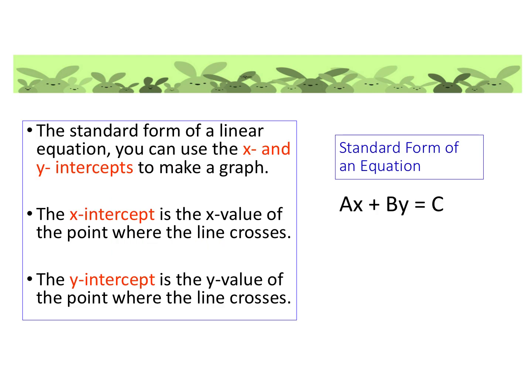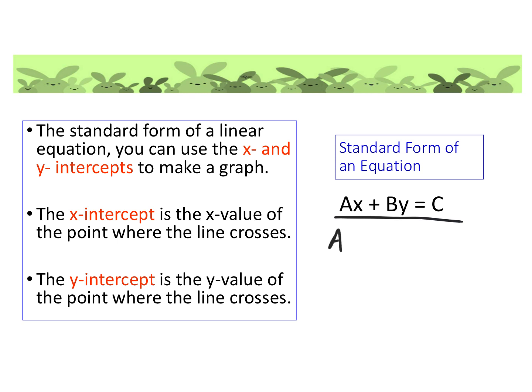So with the standard form of a linear equation, you can use the x and the y-intercepts to make a graph. The x-intercept is the x value of the point where the line crosses, and the y-intercept is the y value of the point where the line crosses. Standard form equation is ax plus by equals c.